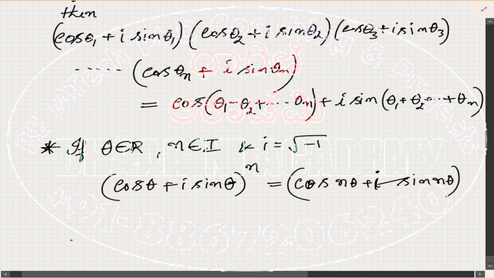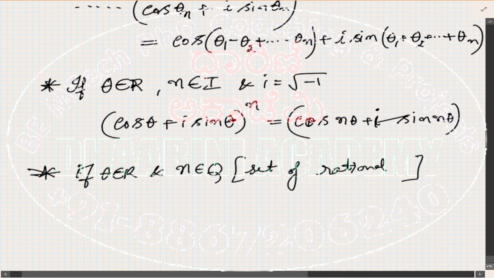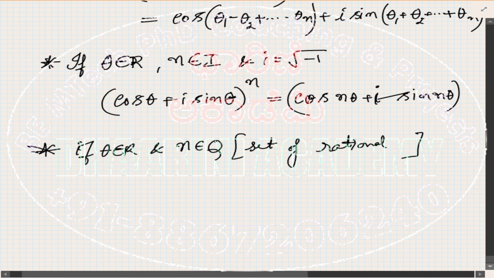Statement number 3 is if theta belongs to R, theta is a real number, and let's write n belongs to Q. Q is the set of rational numbers, anything of the order, say 2 by 3, 8 by 9, etc. are the rational numbers.